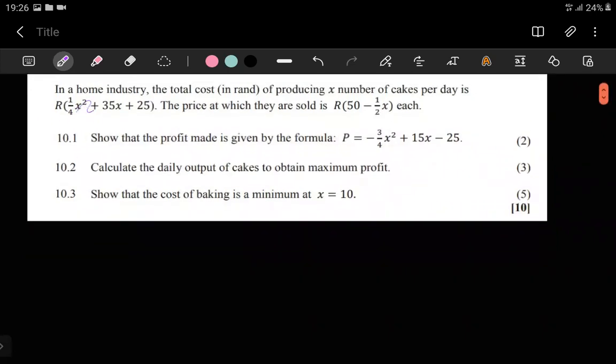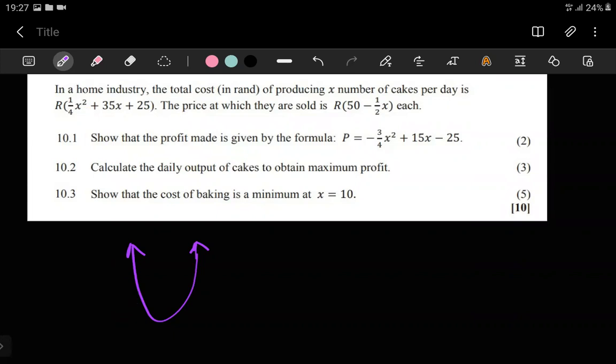So if you think of it nicely, this equation would draw an image something like that. This is already something you want to be thinking of. Clearly, the more cakes you make, initially you're going to start by somewhat making a loss. The number of rands just gets lower and lower. But let's not say you're making a loss.